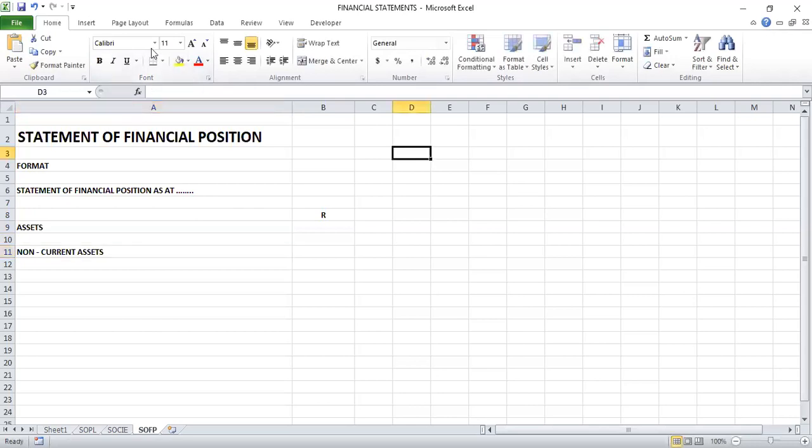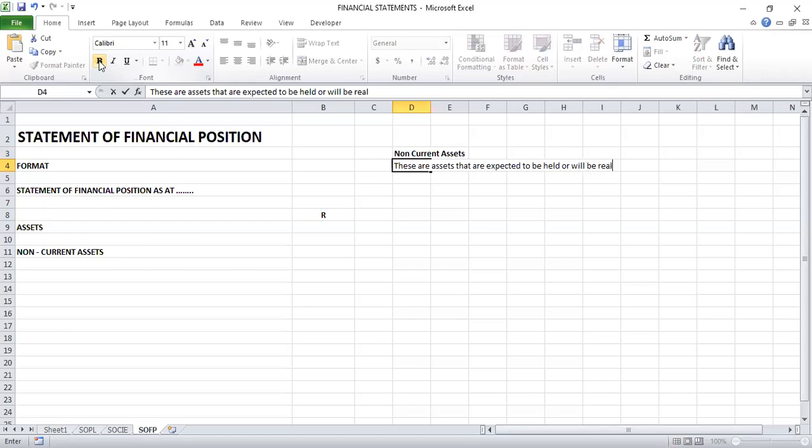When we talk about non-current assets, these are assets that are expected to be held or will be realized after more than a year.